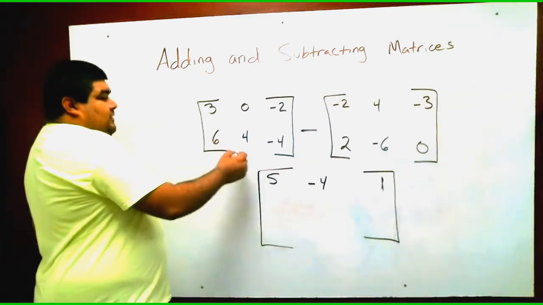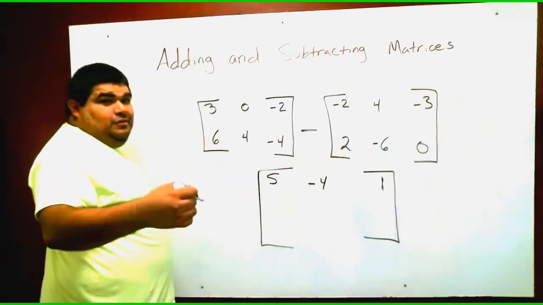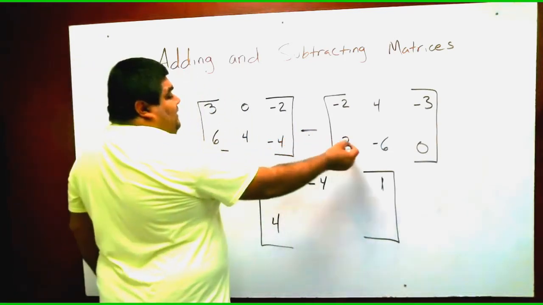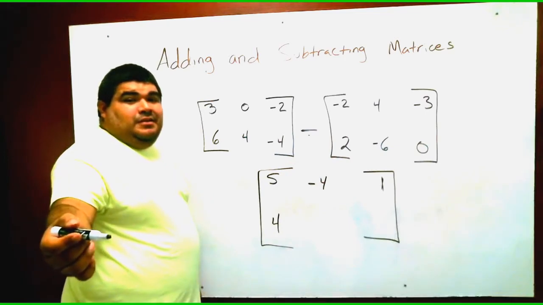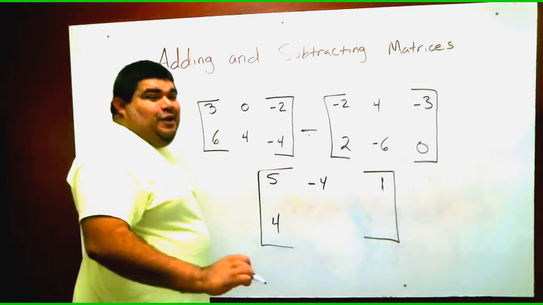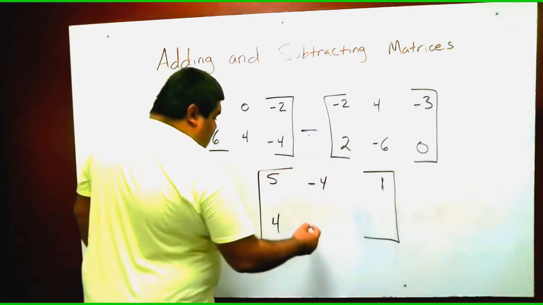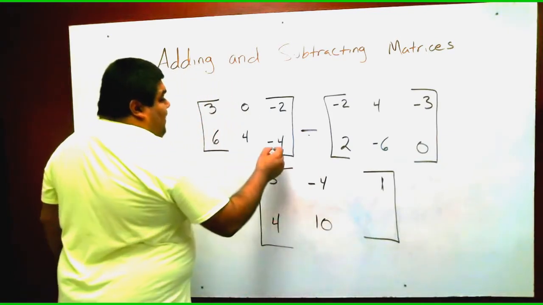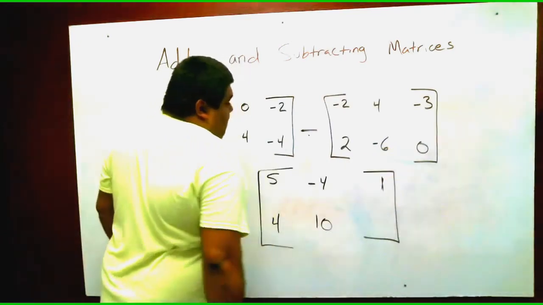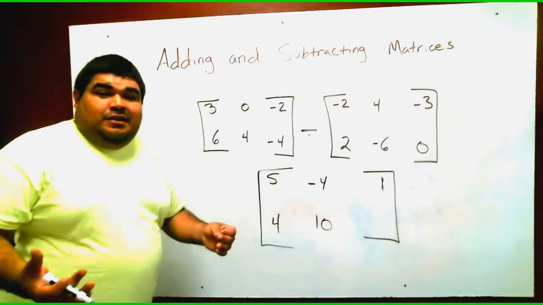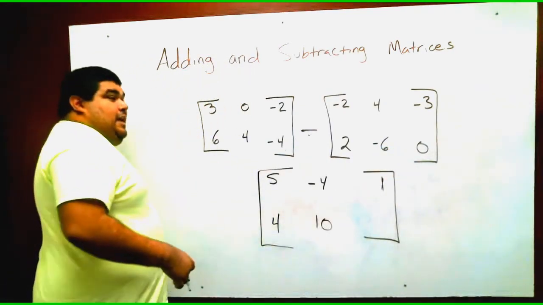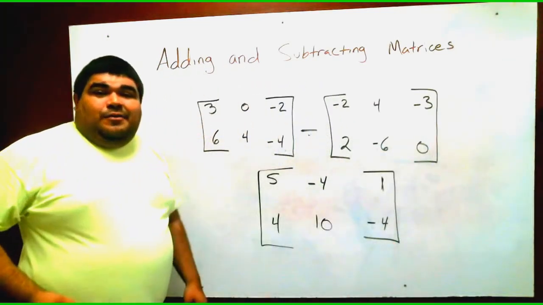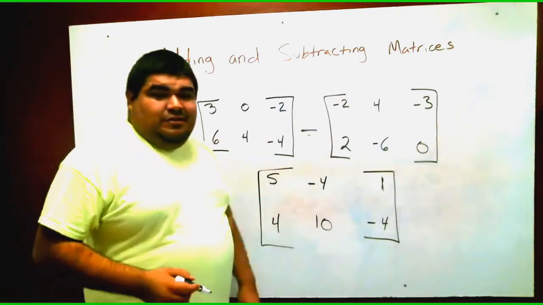We have 6 minus 2, which is 4. Then we have 4 minus minus, which again becomes positive, right? Good. So we have 4 plus 6, which is 10. And then finally, we have negative 4 minus 0. Since 0 is not really any number taken off, we keep the negative 4. And that is how we solve for a subtraction matrices.